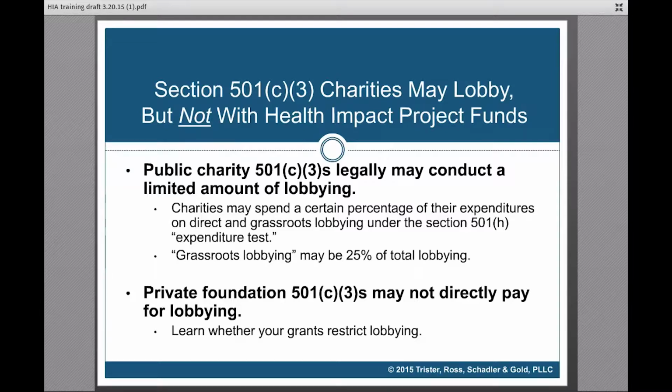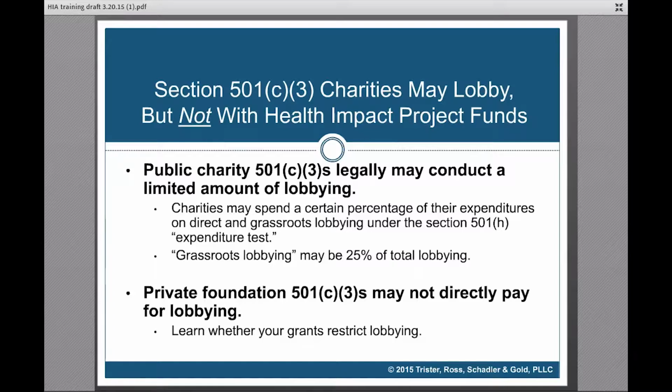The expenditure test defines two types of lobbying. There's direct lobbying, which are communications directly with lawmakers, and there's also grassroots lobbying, which are communications with the public to influence lawmakers. So direct lobbying has three elements. It's a communication directly with a legislator or staff member on specific legislation, and it reflects the organization's view on that legislation.